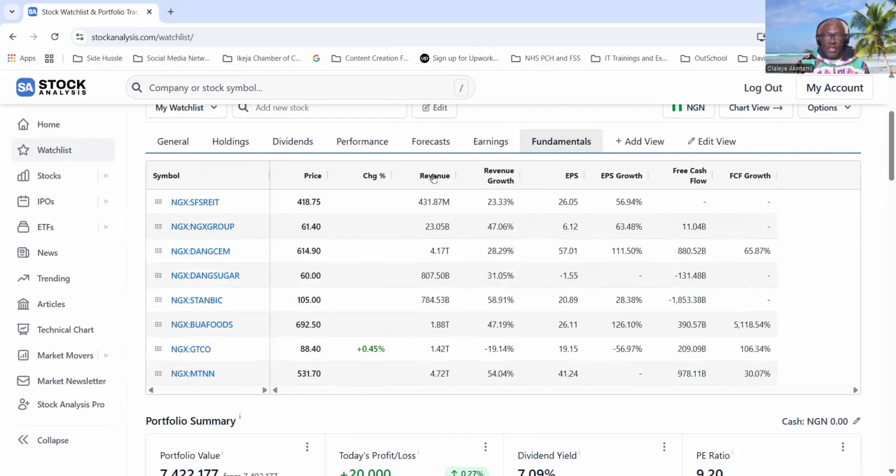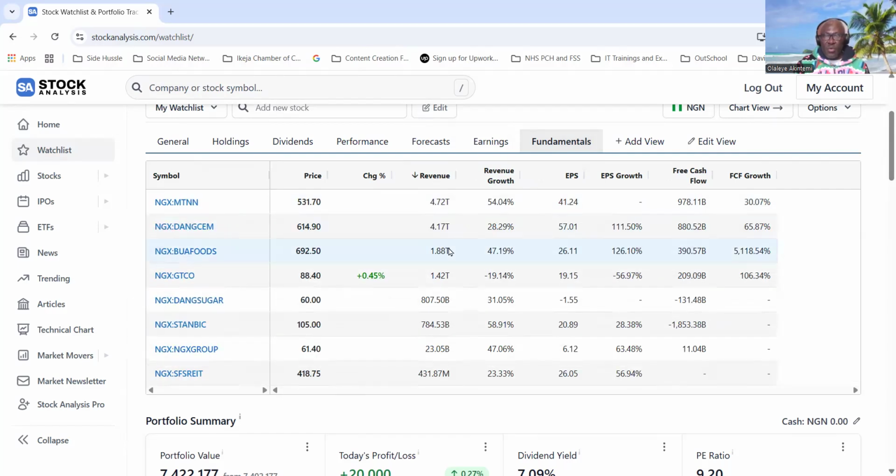So if I do that, the company with the highest revenue amongst all the stocks that I have is MTN.